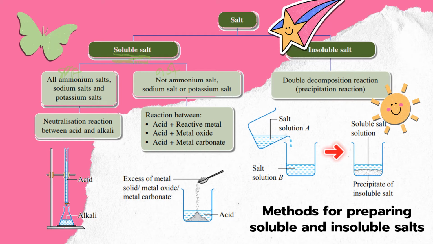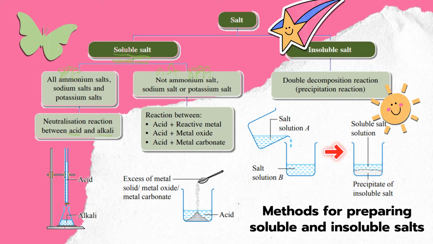SPA stands for sodium, potassium, and ammonium. To prepare a SPA salt, we use the reaction between an acid and an alkali. Only this one reaction.